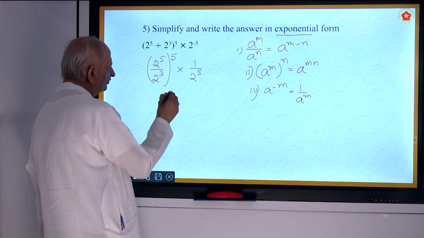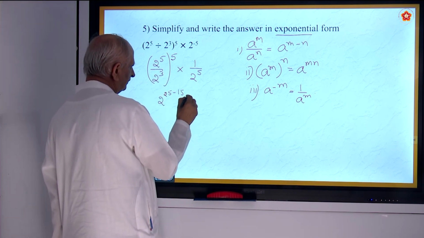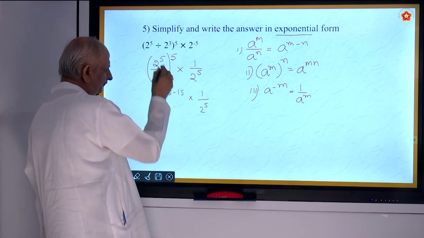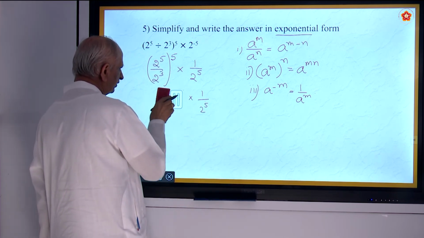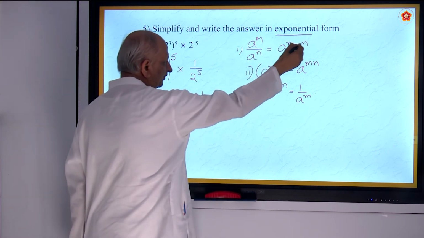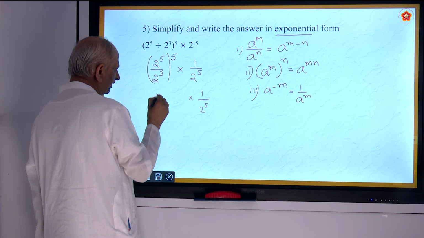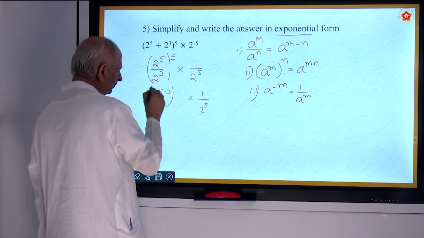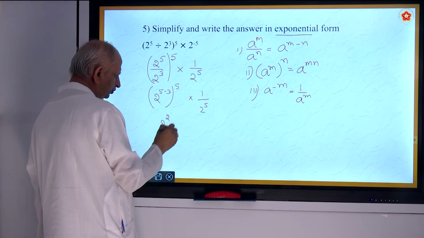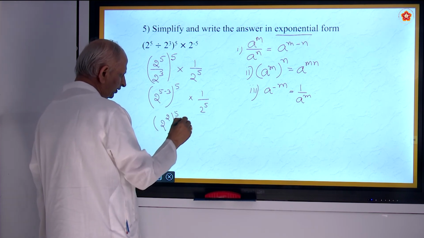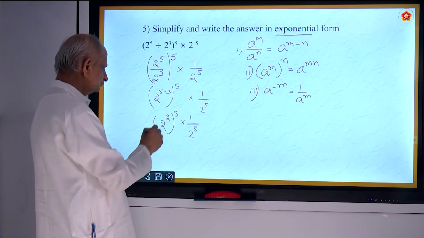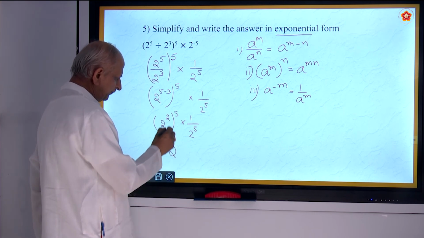And this is 5 3s are 15, 2 to the power of 15 into 2 to the power of 5. So you can write it in a simple way. We'll do it like this. a to the power of m by a to the power of n is equal to a to the power of m minus n, correct? So you can write it as 5 minus 3 to the power of 5. What is 5 minus 3? 2, so 2 to the power of 2 to the power of 5 into 2 to the power of 5. So you have these, 2 to the power of 10 it becomes.